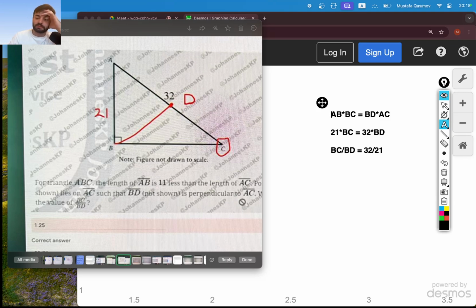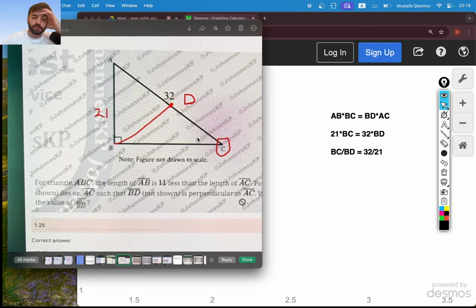Okay, then let's continue. But what if we forget the formula? Here you can also use this method. You can use similarity actually. If you forget the formula, you can use similarity because all formulas are created by similarity. Think of it like that.